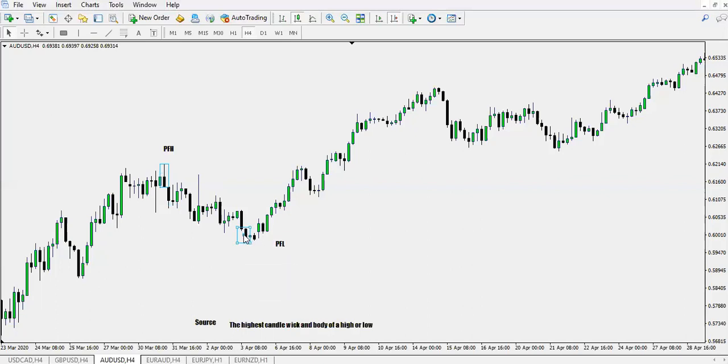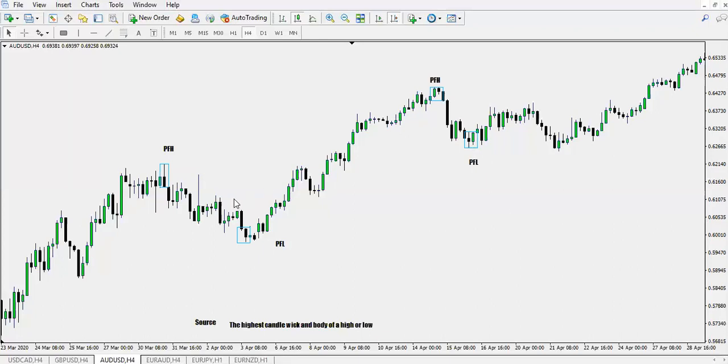So that is our source for the peak formation low. And again, let's just find the source candle for this peak formation high, and it is that one. So you can basically mark that one up. And if you look over here, there is another source, a peak formation low candle, and that is our source right there.